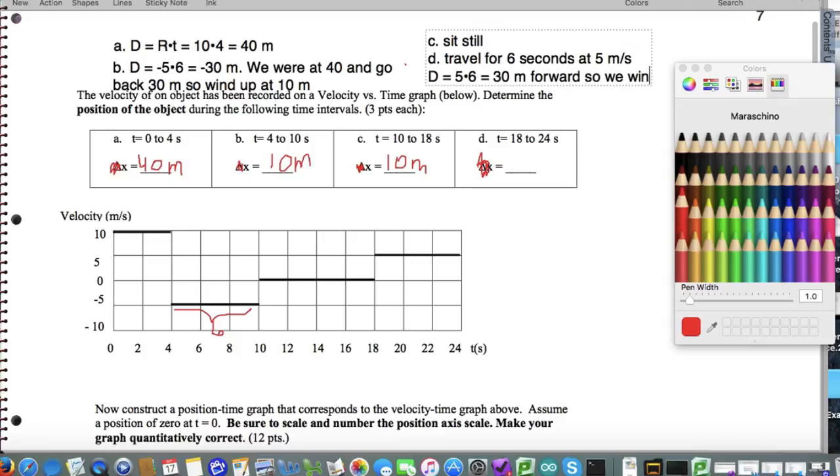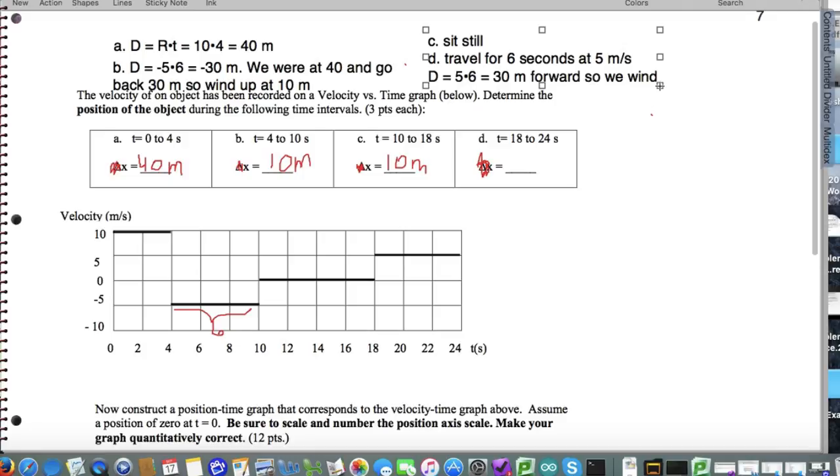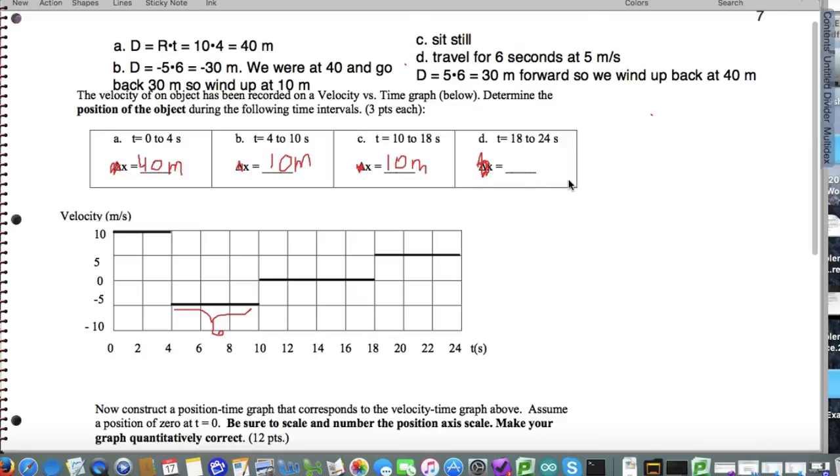So we wind up, I would say, back at 40. Wind up back at 40 meters. So here, we'll just make a little note that we are at the 40 meter mark.